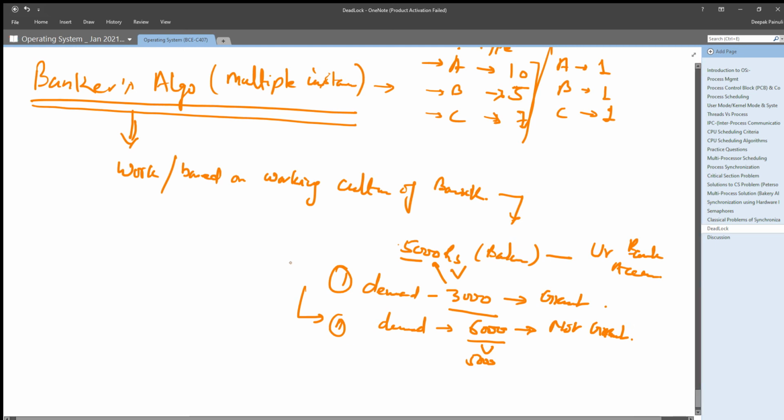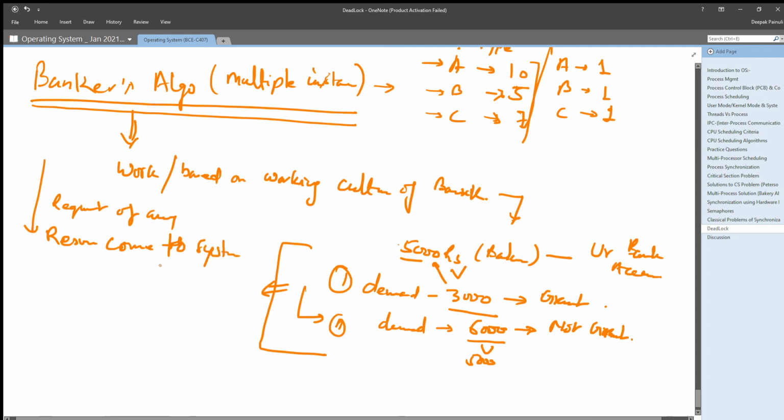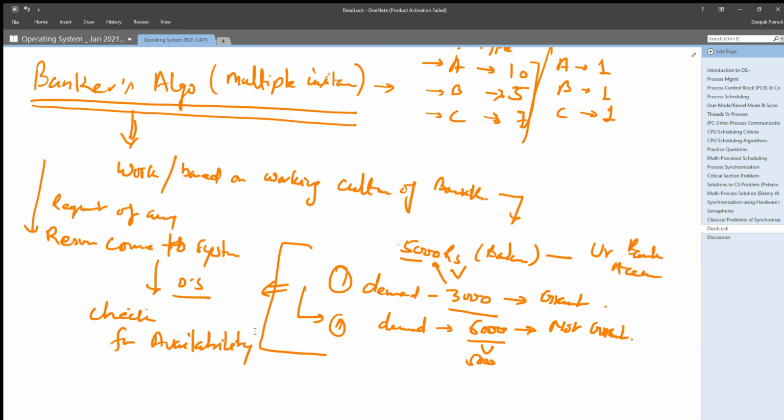So in the same way the banking system is working, our Banker's algorithm is working, right? Whenever a request for any resource comes to the system, the OS will check for availability, right?